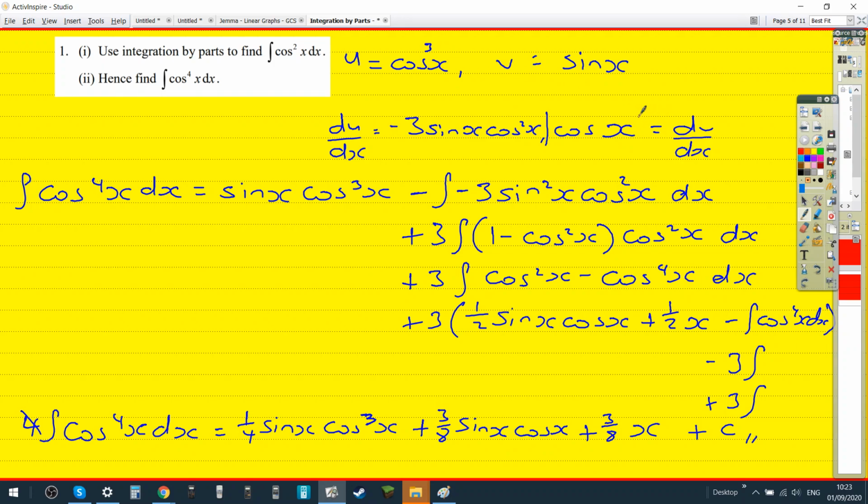Wait, no, we only did 2 integration by parts. The second one was trying to find the integral of x sine x cos x. So there were only 2. It's kind of my fault. I initially started with cos cubed x, and then I didn't know how to integrate that thing.